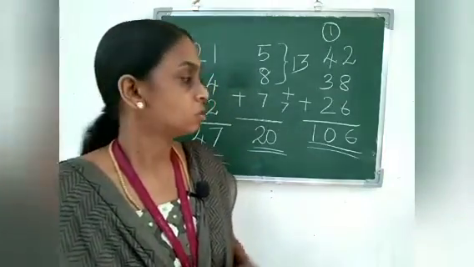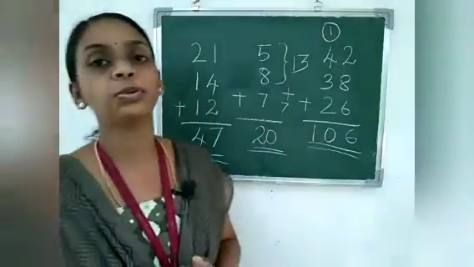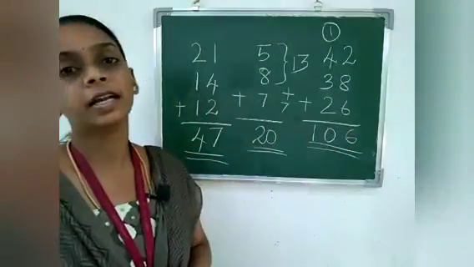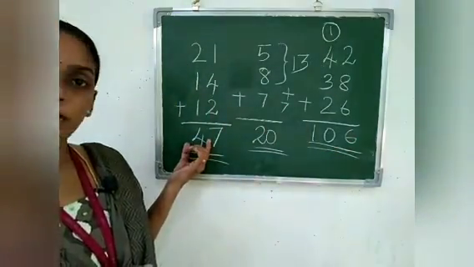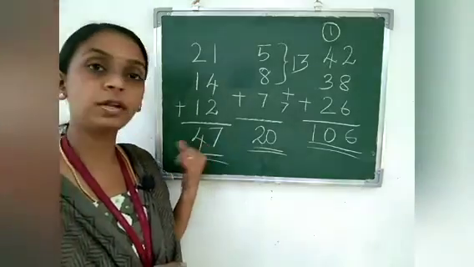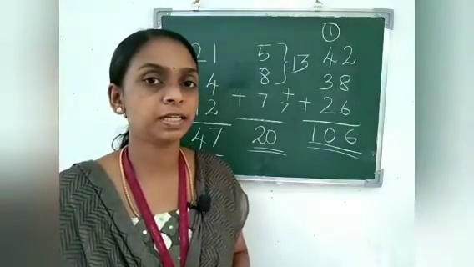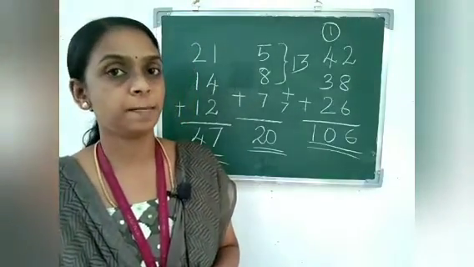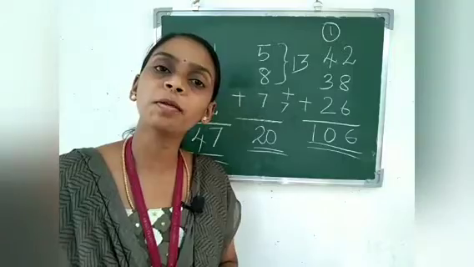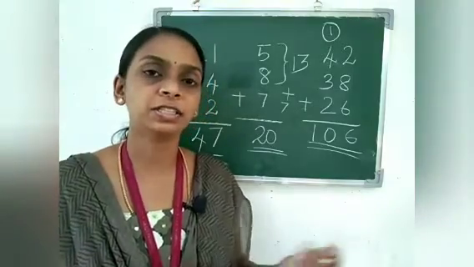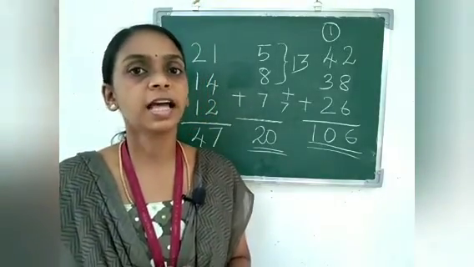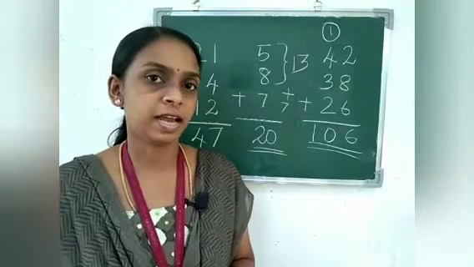So this is addition of 2-digit numbers with regrouping, this is addition of 2-digit numbers without regrouping, and this is addition of 1-digit numbers, where we are adding 3 numbers. The addition word problems we also studied, and I will explain that through the slides.